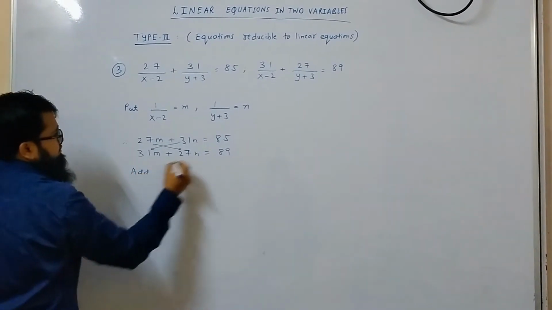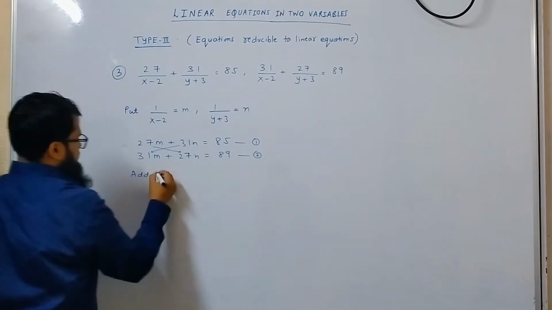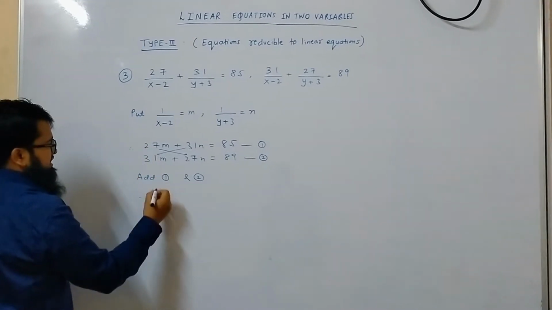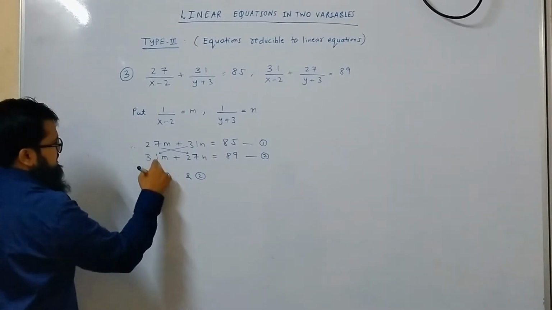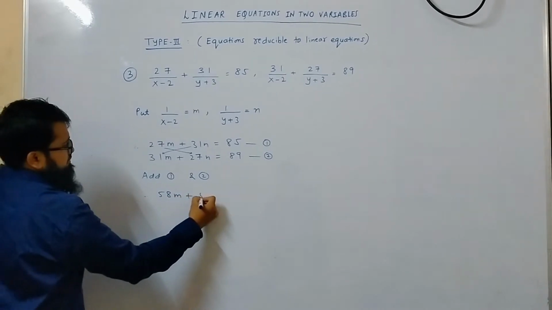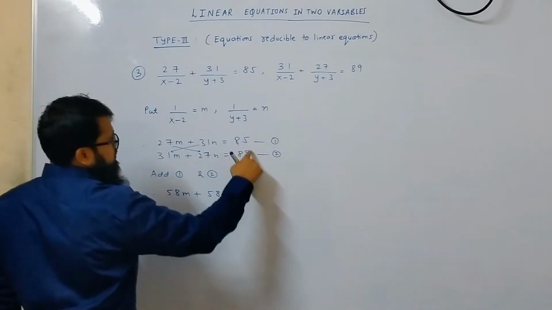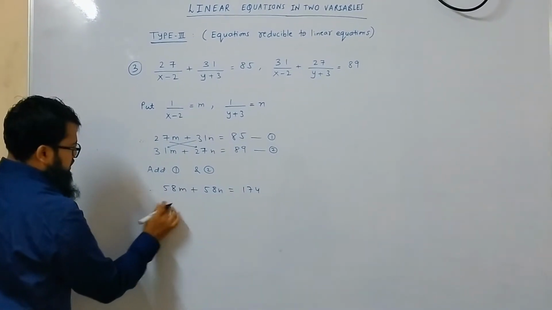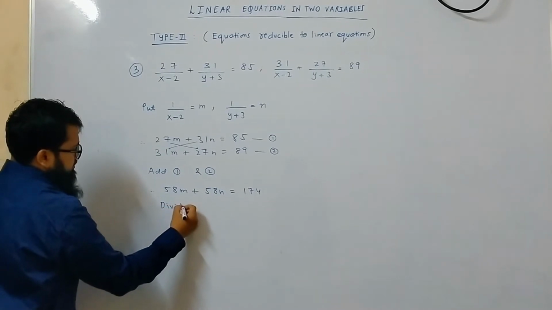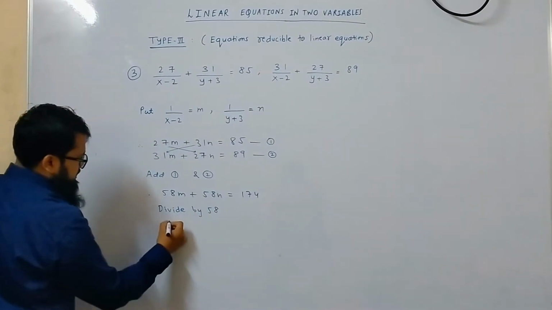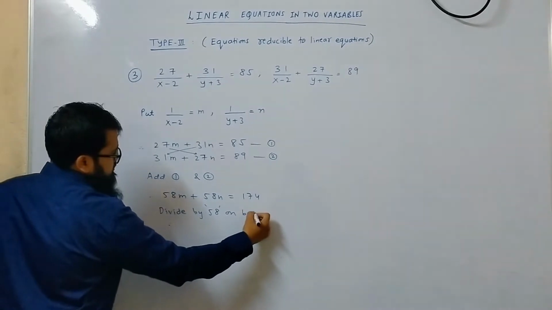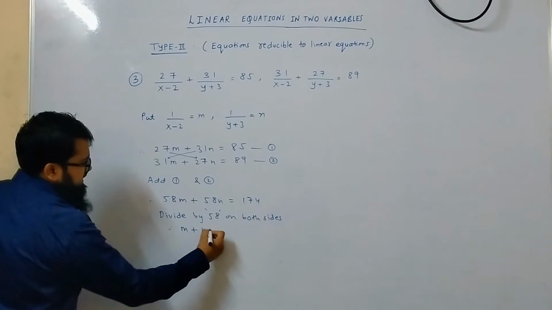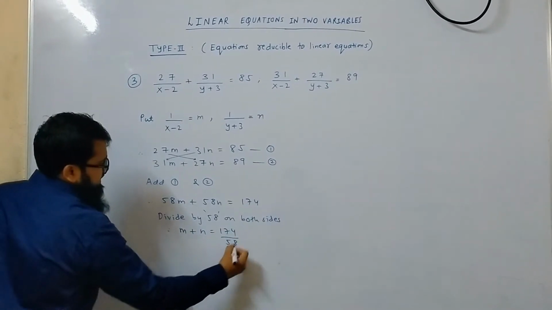So add 1 and 2. Therefore, you will get 27 plus 31, which is 58m plus 58n is equal to 174. Therefore, you divide by 58, equal to 174 by 58.